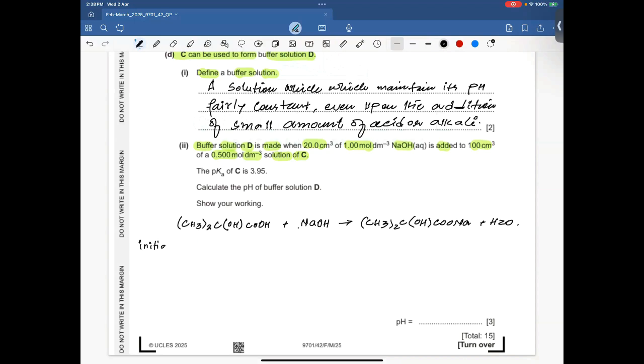Let me find out the initial moles of acid and alkali. So using this information, I can find the moles of NaOH. It's 20 into 1 divided by 1000. So moles of NaOH is going to be 0.02.